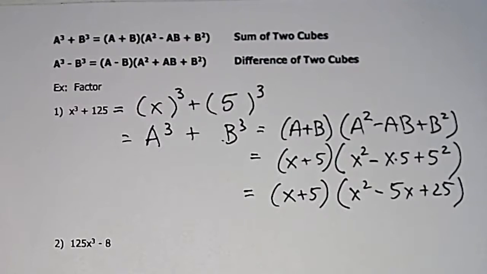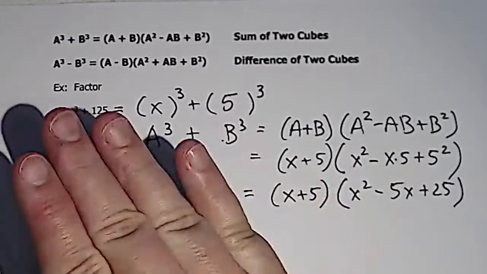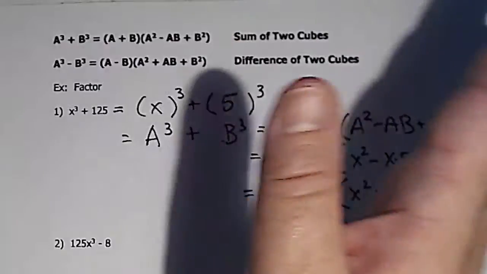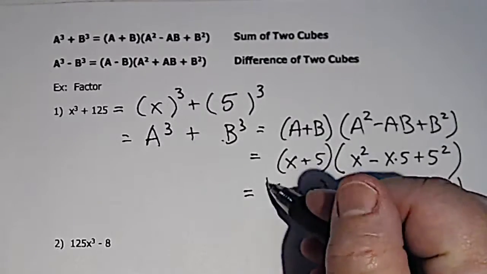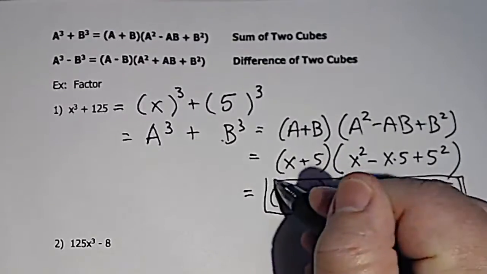I don't even know if it's a silver lining, maybe a plastic lining, maybe a lining made out of that velvet that looks different colors depending on how you pet it. Something like that. The silver lining is that this is prime. You don't have to go any further. This is your final answer. Nothing else reduces from this.